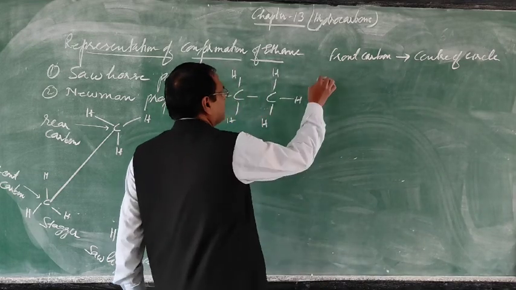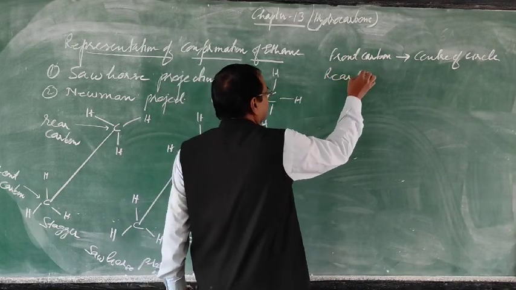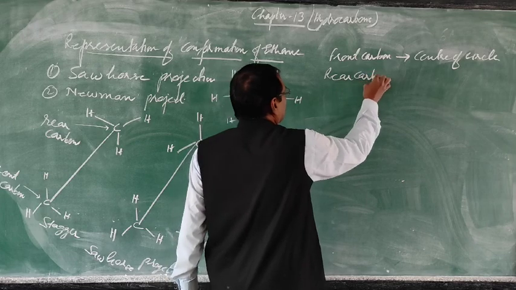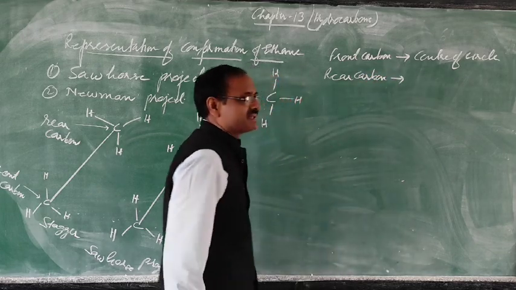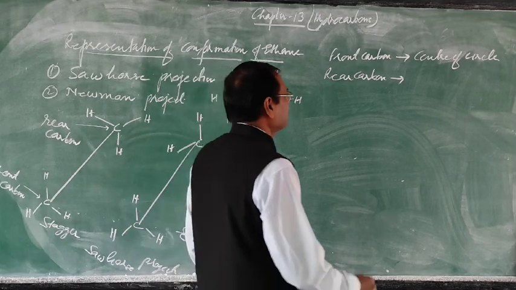And the rear carbon, meaning the back carbon, is represented by the circumference of the circle.